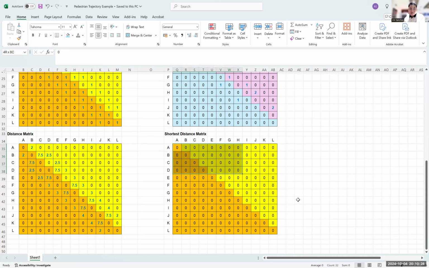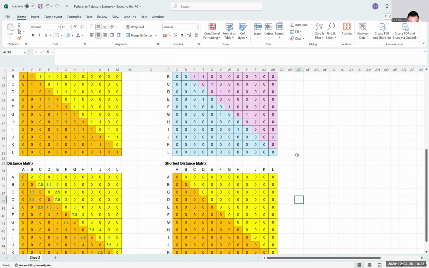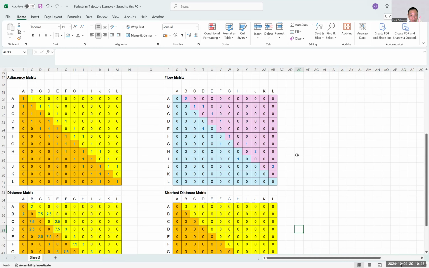For this one, so that I can automate this matrix. Yes, you can automate this matrix, and you can do what is called Floyd Warshall, or you can use the one in path matrix a while ago.